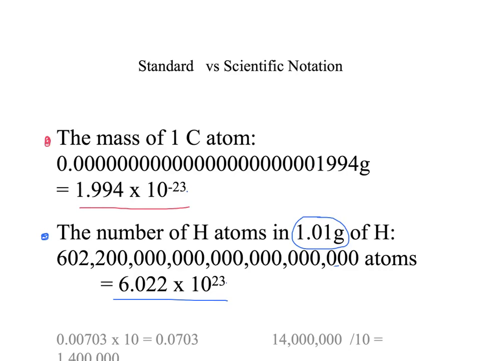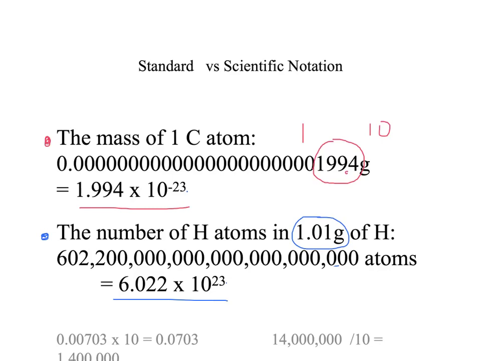When I took that first number and turned it into scientific notation, here's what I did. I looked at the original amount and I looked at the non-zero part of the number. Then I placed a decimal so that that was between 1 and 10. So let's think about the places where I could have put the decimal. I could have put it between the 9 and the 4, but that wouldn't give me a number between 1 and 10.